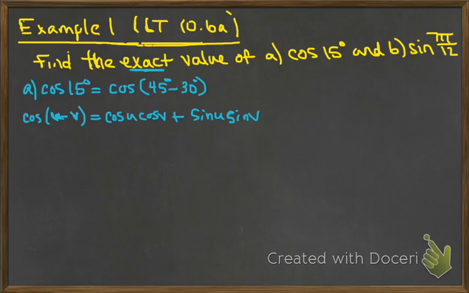Where u would be the 45 degrees and v would be the 30 degrees. So cosine of 45 minus 30, plug the 45 and 30 in. So the cosine of 45 degrees, cosine of 30 degrees, plus the sine of 45 degrees, sine of 30 degrees.